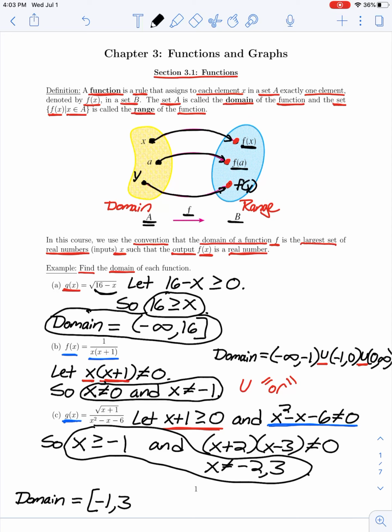Everything between -1 and 3 would be valid, but I cannot equal 3. Or I could take everything that's greater than the value 3. That is everything from 3 to infinity. So we would have the following expression for the domain of this function.